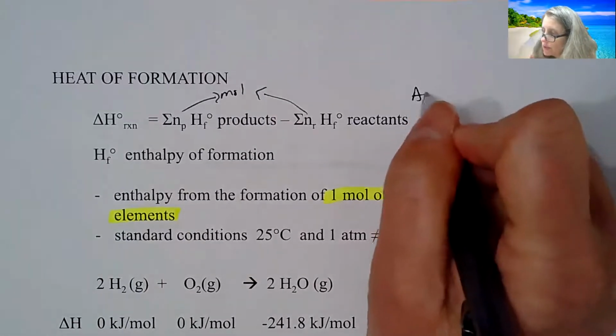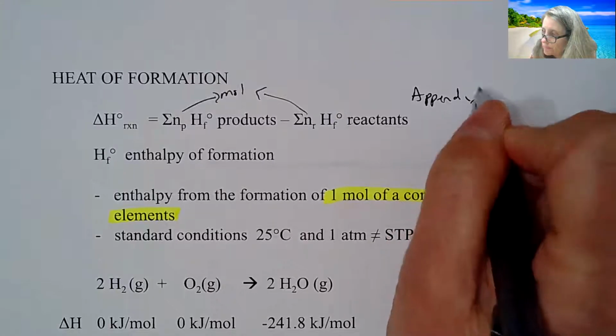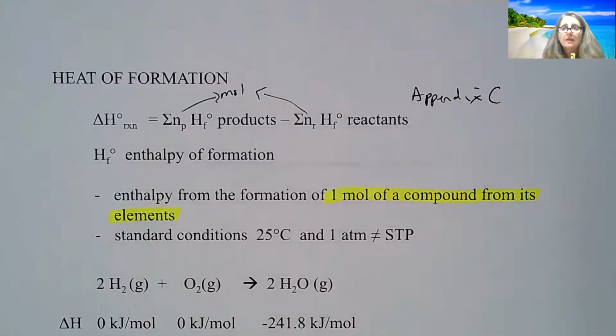So if you go to Appendix C in the back of your book, you will see a table of all different substances and their corresponding delta H's. Well, delta H for the formation of a compound is going to be dependent upon, again, what condition you are at.